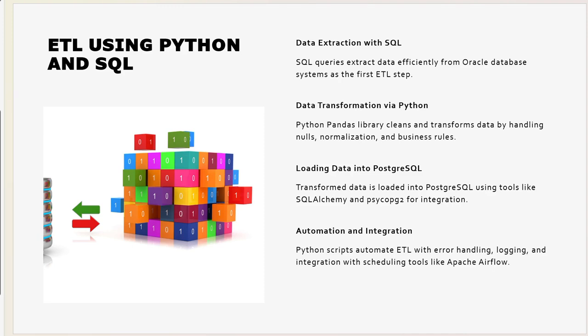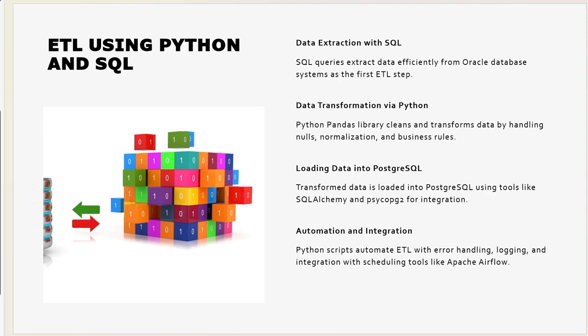The extract step uses a SQL query to fetch the data from Oracle, and then the Python Pandas library is used to clean and transform that data, such as removing null values, normalizing columns, and applying business rules on that data. Finally, the transformed data is loaded into PostgreSQL using SQLAlchemy and psycopg2.